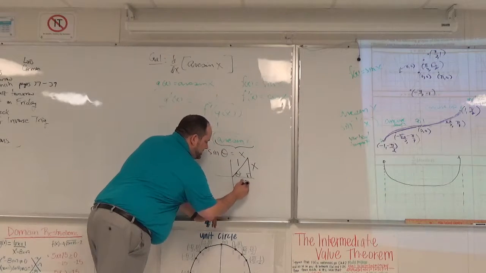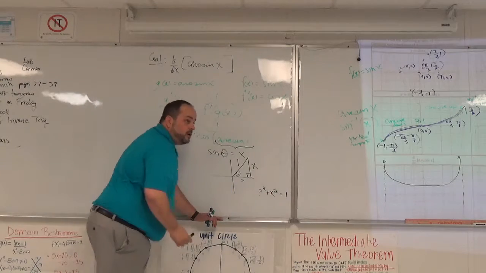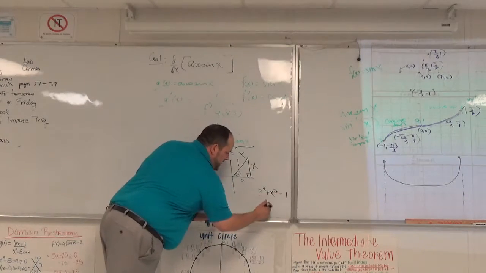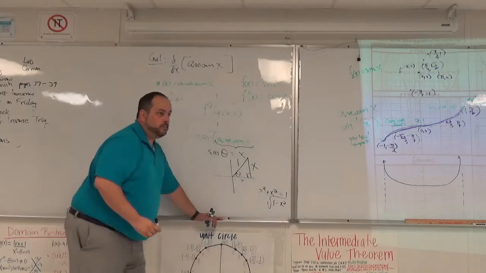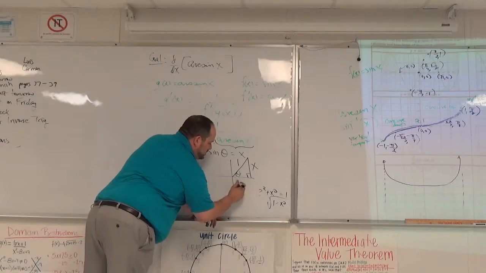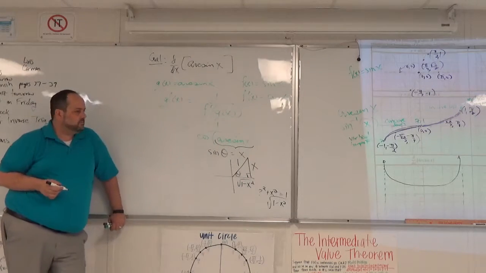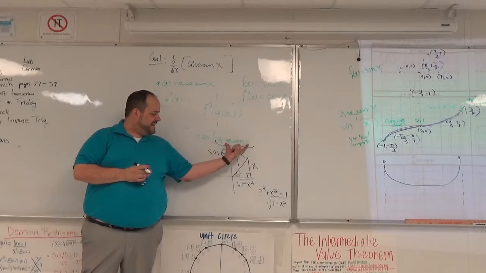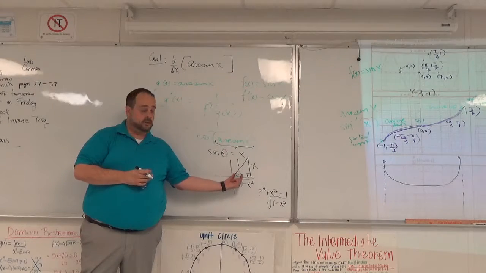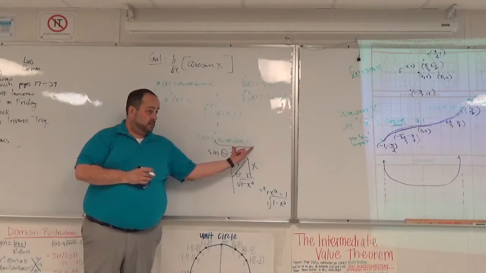Right? This is the thing that I don't know. What squared plus x squared equals 1. Subtract the x squared. Take the square root. So square root of 1 minus x squared. This guy here is the angle. What I need is a way to represent the cosine of the angle.